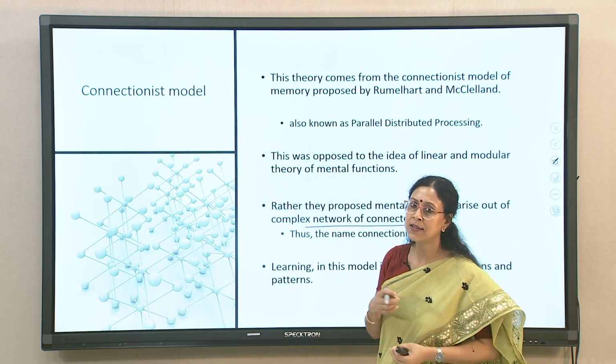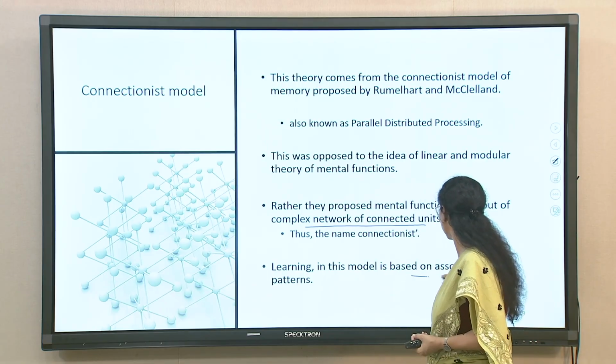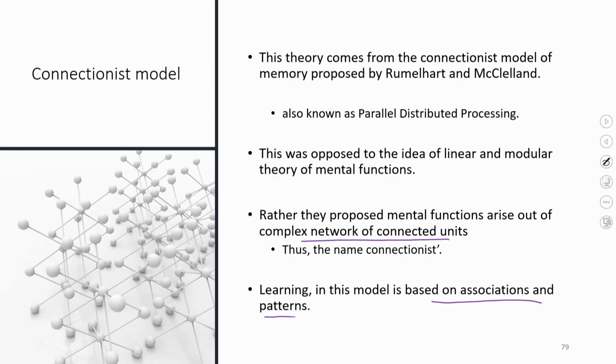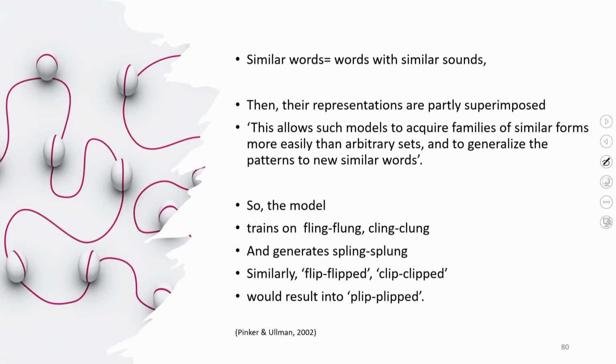So, learning in this model is primarily based on associations and patterns, and that is what we talked about just now. The patterns and associations here are based on the sound system rather than on the words, as far as this model is concerned. So, this is in a simplified version. Similar words are words with similar sounds, that is what they mean by similar.